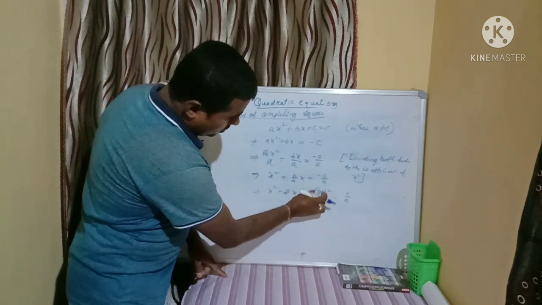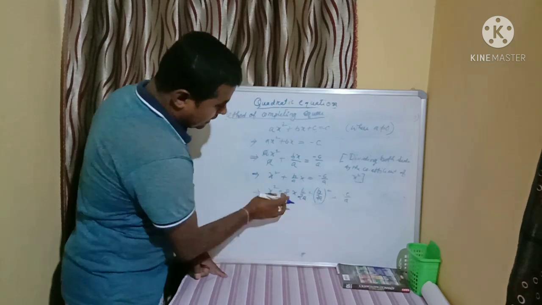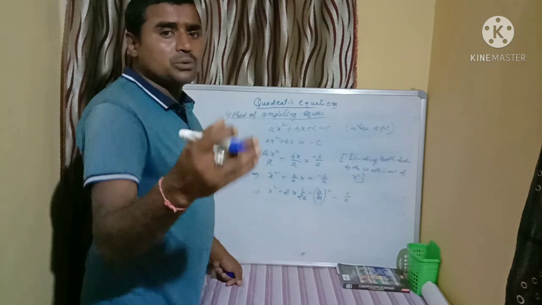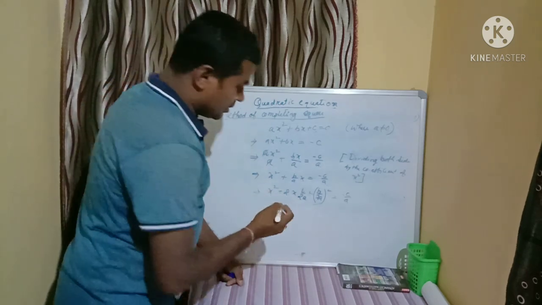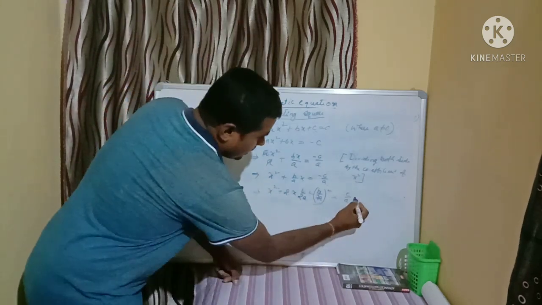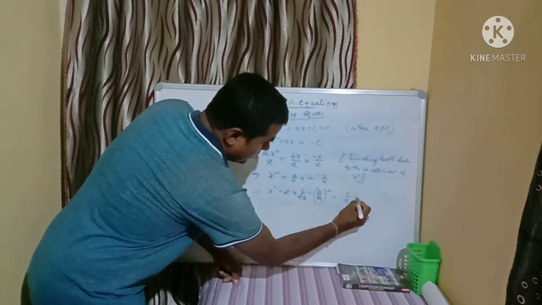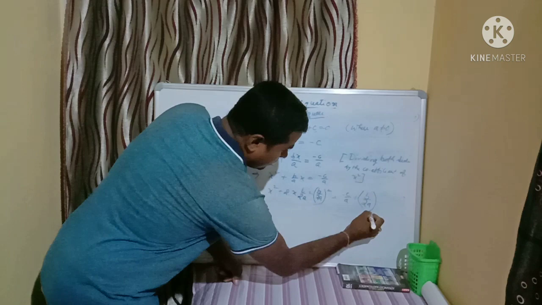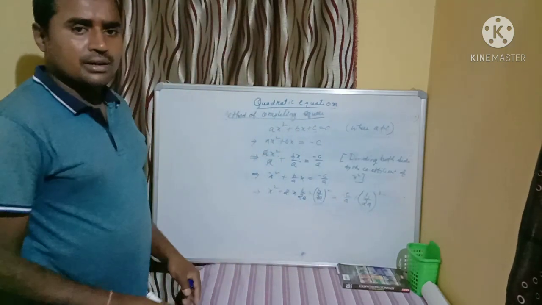Did we add this term in the left side or not? Yes. So that means we have to do the same in the right side also. In the right side we have to add b by twice a whole square.